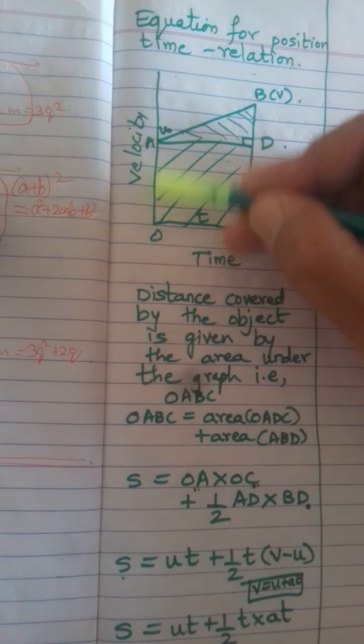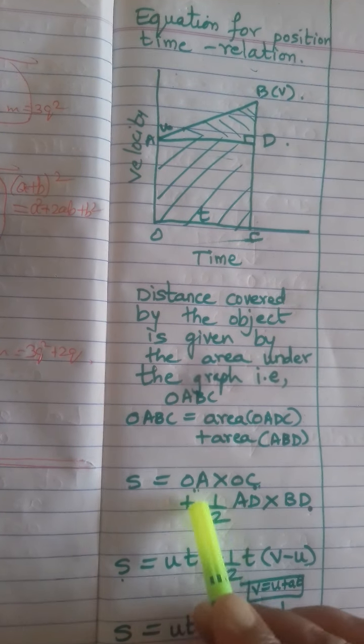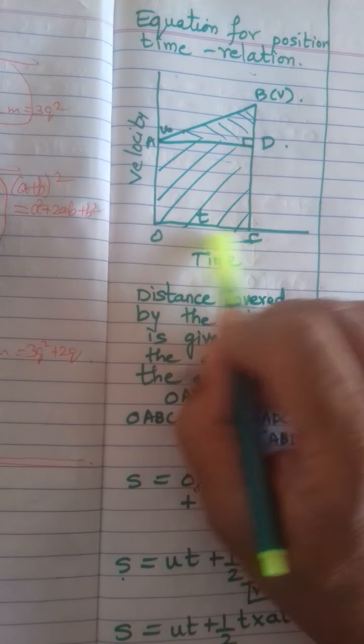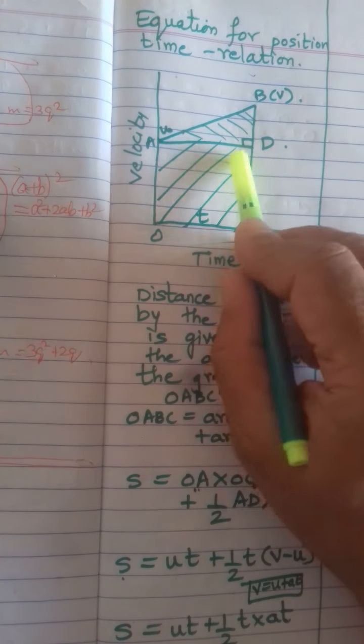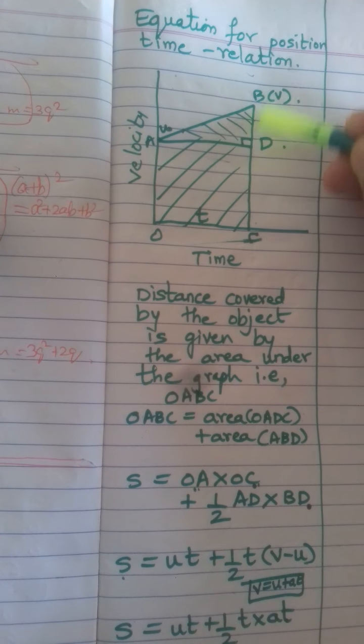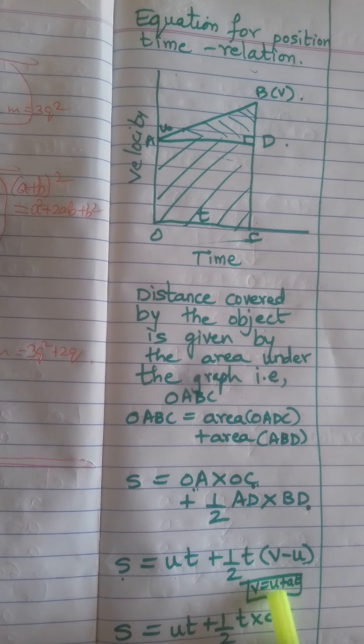So OA is equal to u, OC is equal to t. Then plus half, as it is, AD. AD is the same as OC. If OC is t, AD is also equal to t. And this BD we have seen earlier is equal to v minus u. Since we have the first equation, v is equal to u plus at, at becomes equal to v minus u.